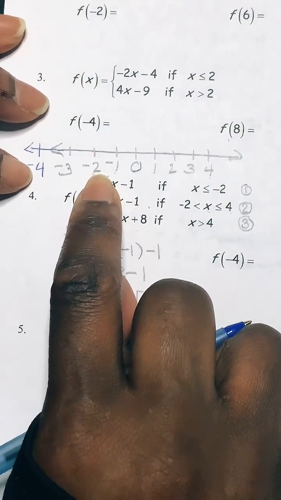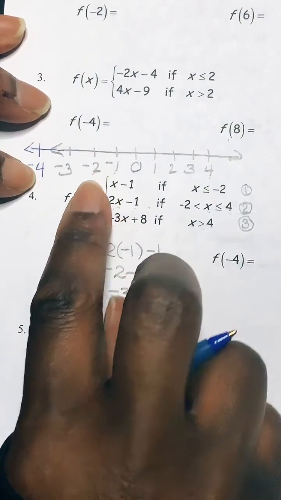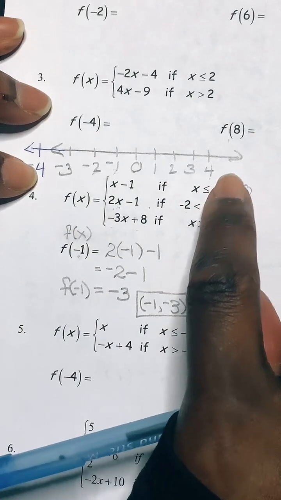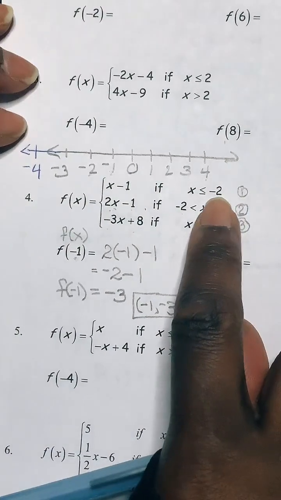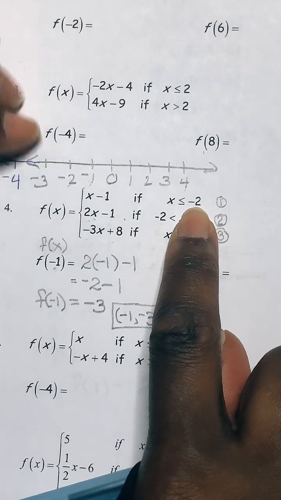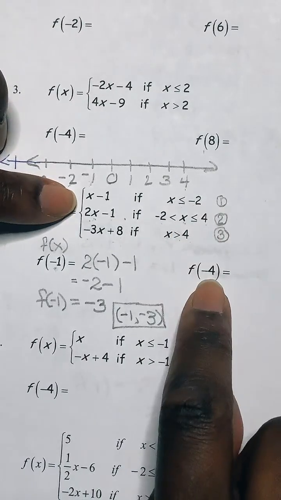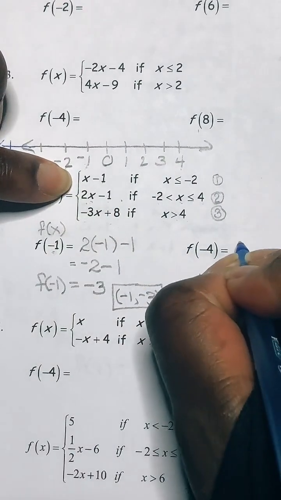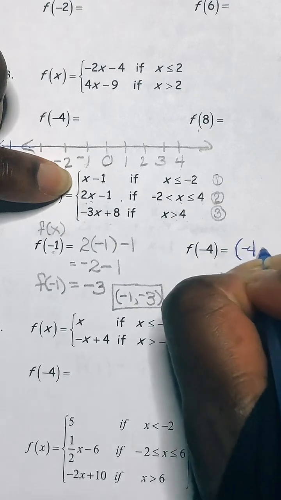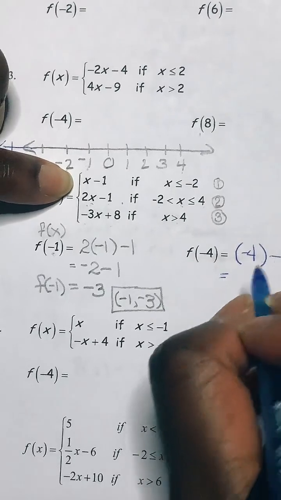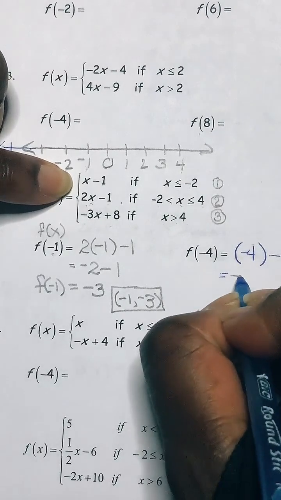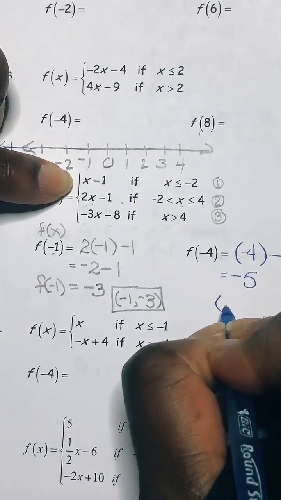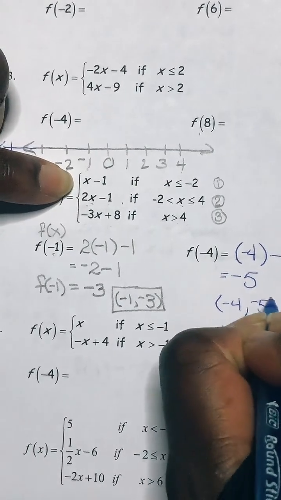So -4 is less than -2. -4 is not in between -2 and 4, and -4 is not bigger than 4. So that first inequality is going to work. I need to plug this -4 into this expression so I can find my y value and plot my point. -4 minus 1 gives me -5. So the ordered pair that we found is -4, -5.